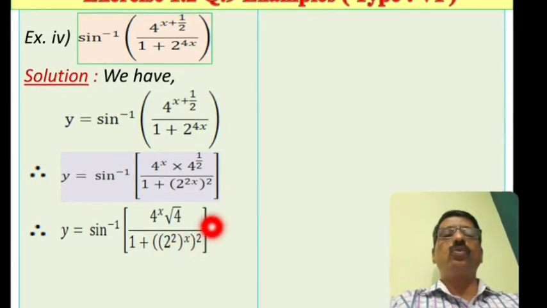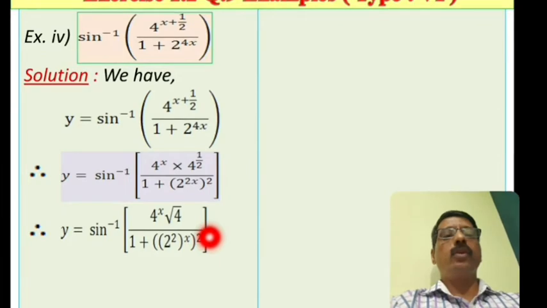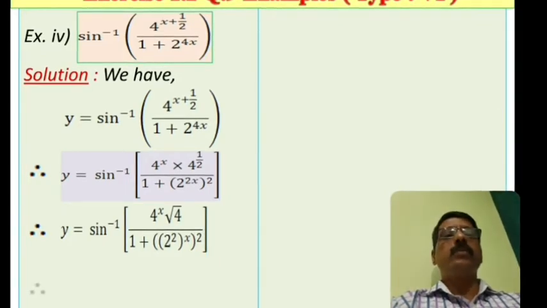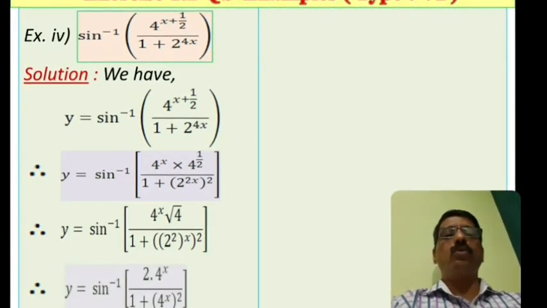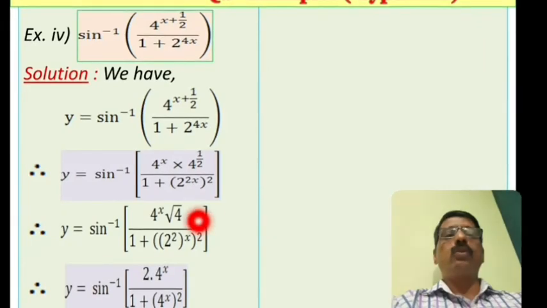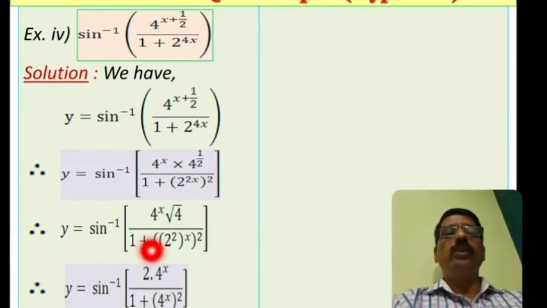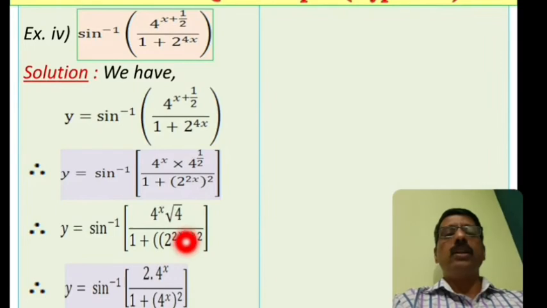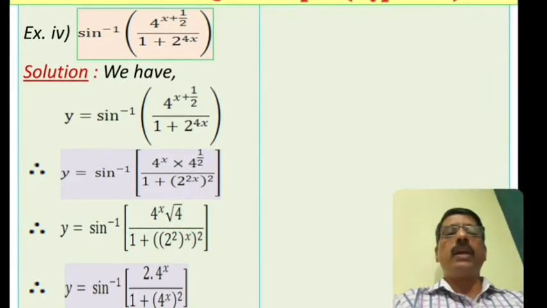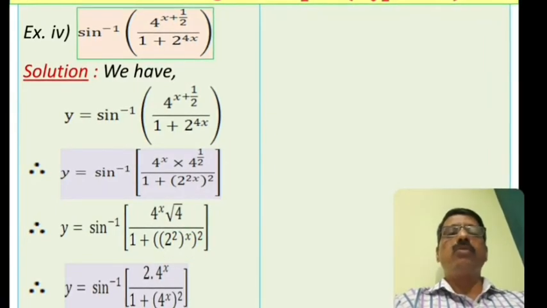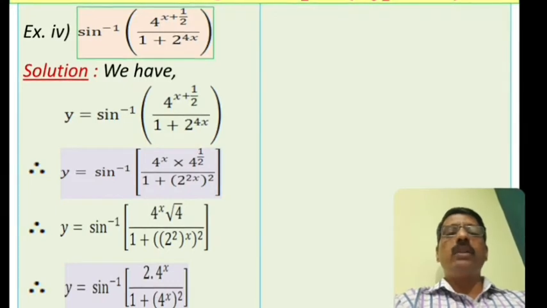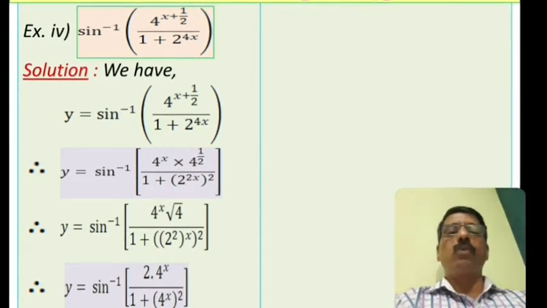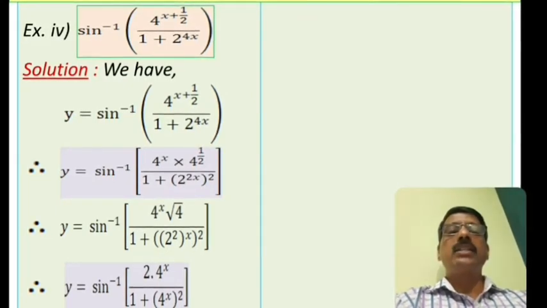Again simplify the given function: y equal to sine inverse of, we know that root of 4 is 2, so 2 into 4 raised to x whole divided by 1 plus 2 raised to 2, that is 4, that means 1 plus 4 raised to x bracket square.